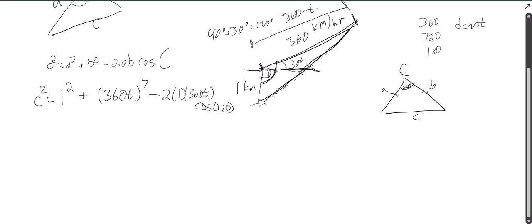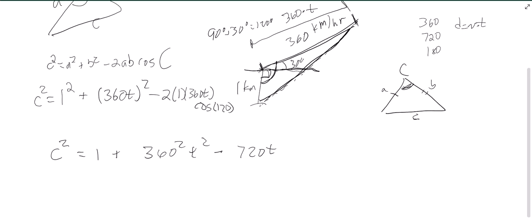And so c squared equals 1 plus 360 squared t squared minus 720t times the cosine of 120.